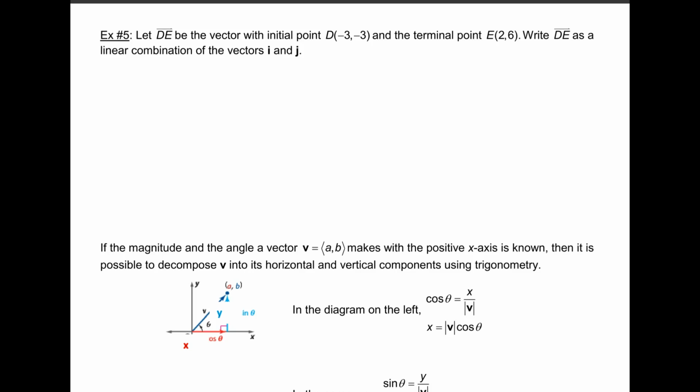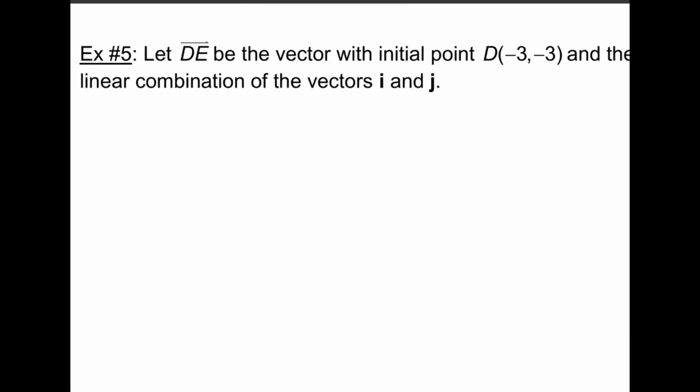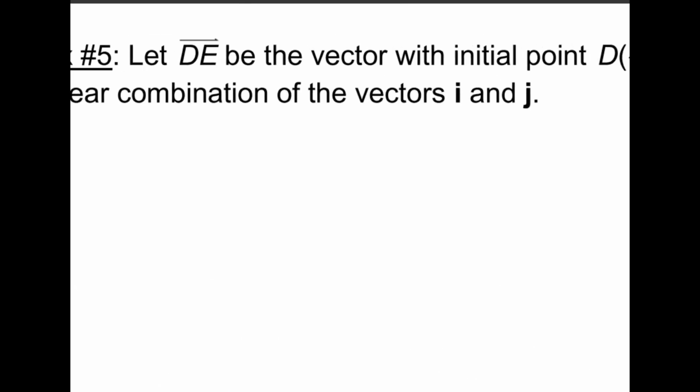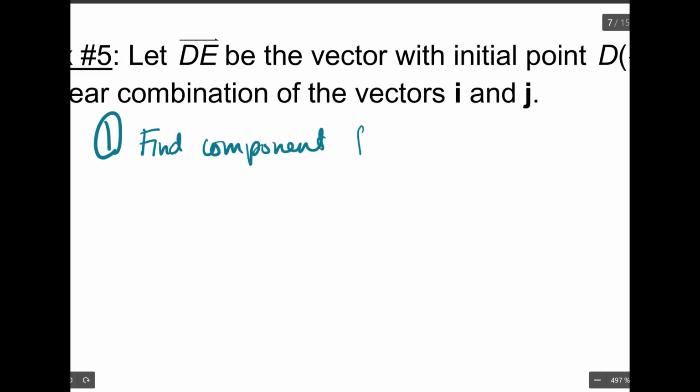So let DE be a vector. First we're going to find the component form, and then I can rewrite that in terms of i and j. Step 1, find component form of DE.